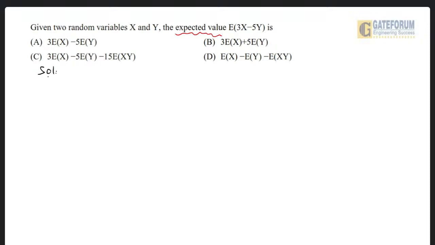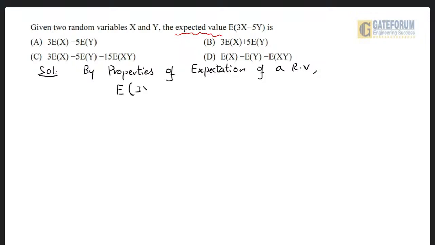Solution. This is just by properties only. By using properties of expectation of a random variable, RV means random variable, E of, that is E is linear operator, 3x minus 5y is equal to 3 times E of x minus 5 times E of y.